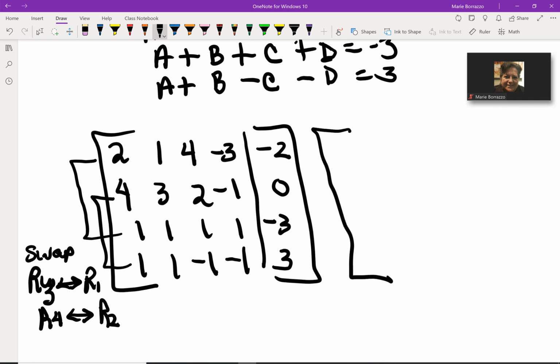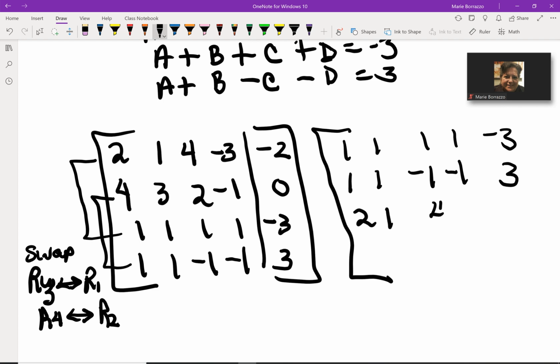So that means that this is going to be 1, 1, 1, 1, -3. And this will become 1, 1, negative 1, negative 1, positive 3. This will become 2, 1, 4, negative 3, negative 2.